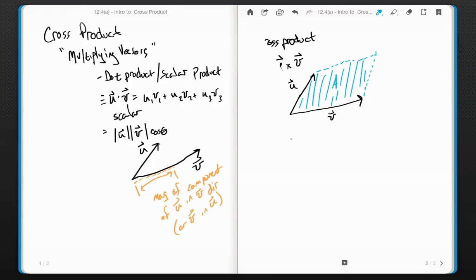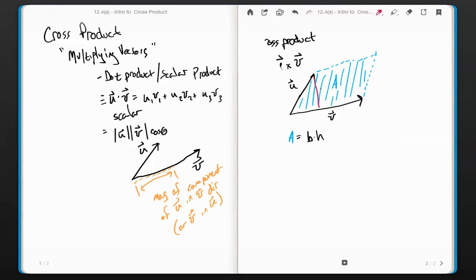Like that. And we know that A, the area of this parallelogram, equals the base times the height. Well, I can draw the height, we're getting really multicolored.